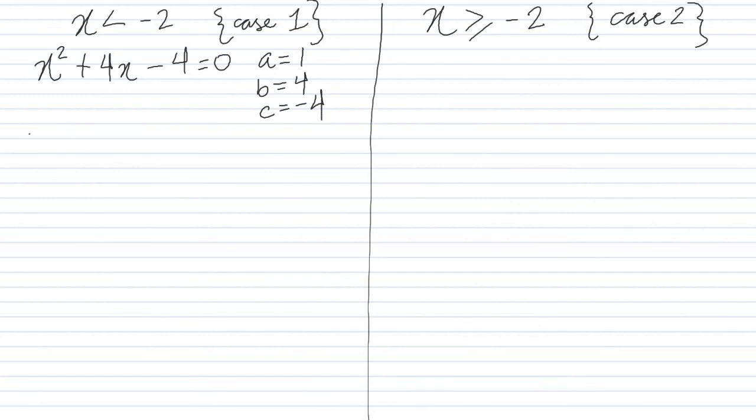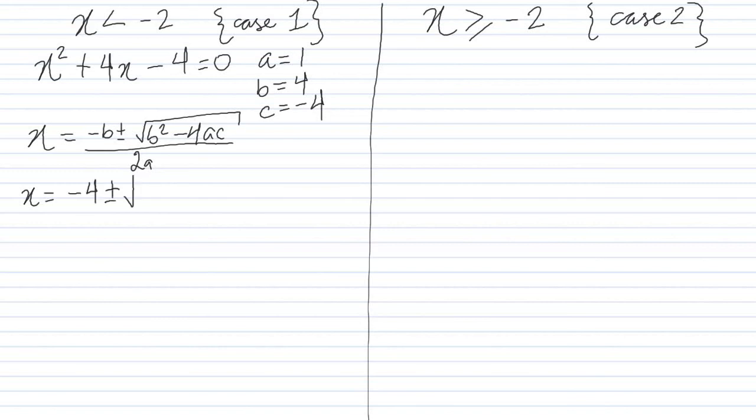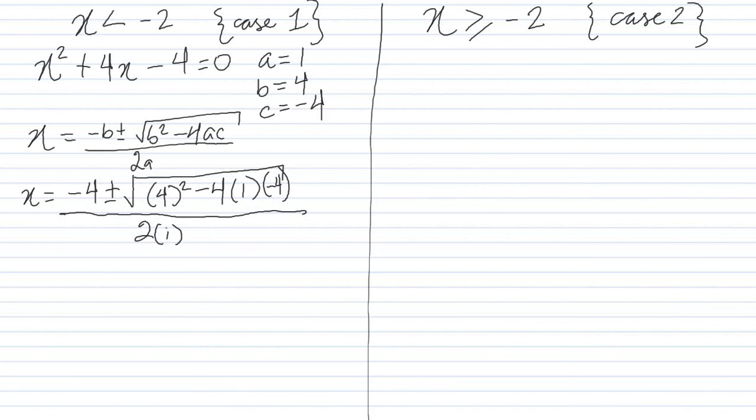So you have x equals negative b plus or minus the square root of b squared minus 4ac, over 2a. So x equals negative 4 plus or minus the square root of 4 squared minus 4 times 1 times negative 4, all over 2a, so that's 2 times 1.